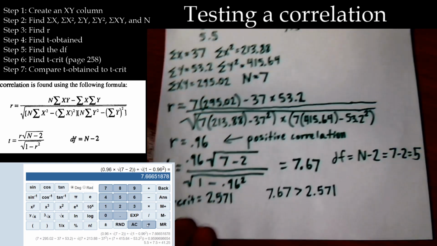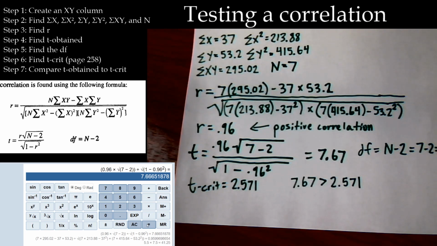Finally, we can write our conclusion. Because our t obtained is greater than our t crit, we have a reliable relationship. Because the value for r is positive, that means we have a positive relationship between x and y.